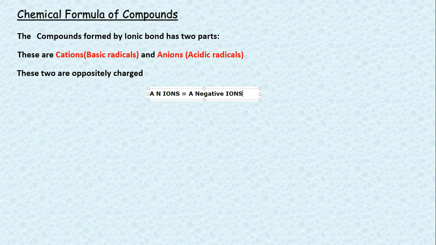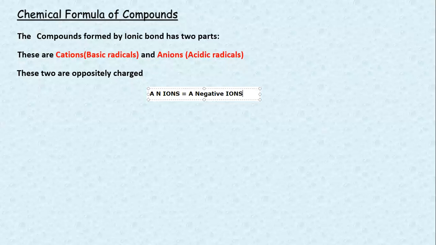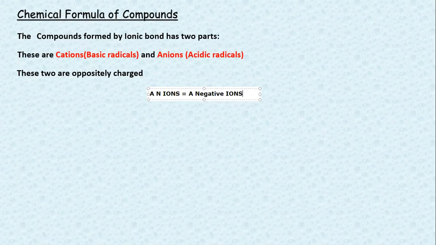So a negative ion. Now when I take the first alphabets of A and N, negative, and combine it with ions, what will I get? Anions. So a negative ion is an anion, which means cations are positively charged. Cations are also called basic radicals and anions are also called acidic radicals.